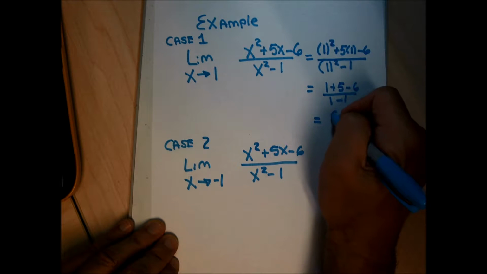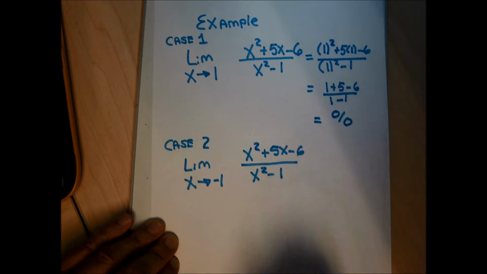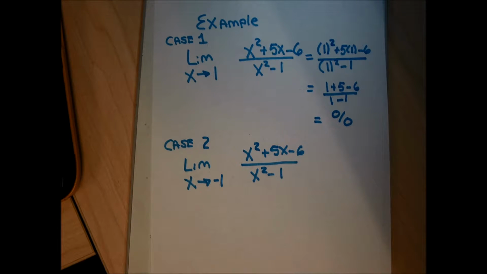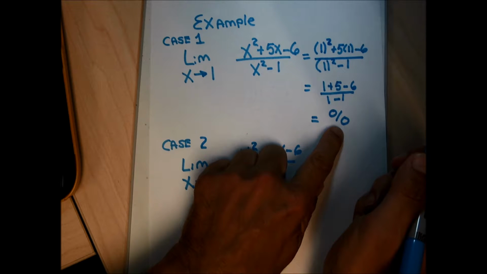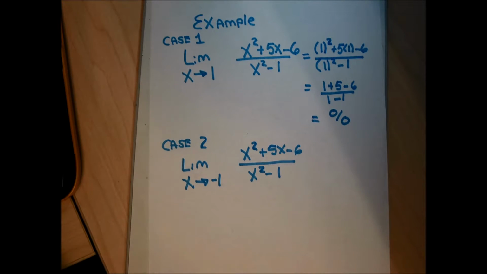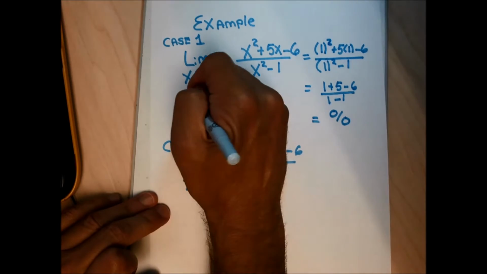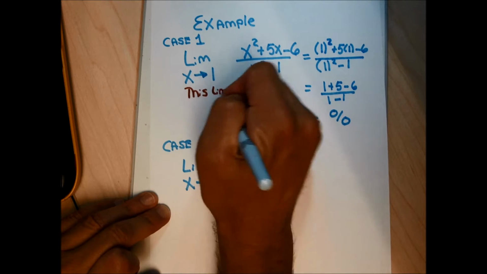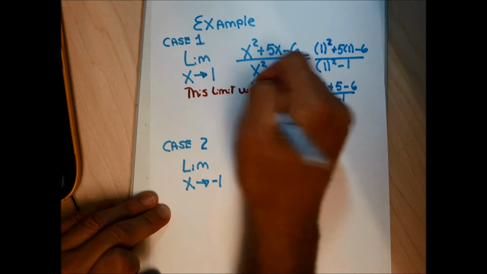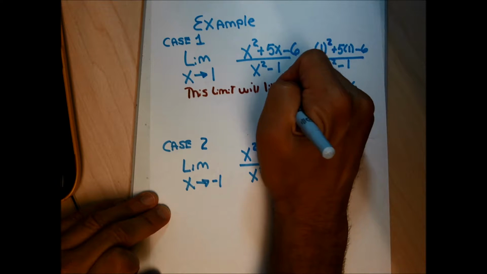And that comes out to 0 over 0. If you're trying to find the limit of a fraction and you get 0 over 0, which is undefined, there's likely algebra that I can do to make the limit appear. So this limit will exist. We'll say likely exist. In our class, it'll definitely exist.